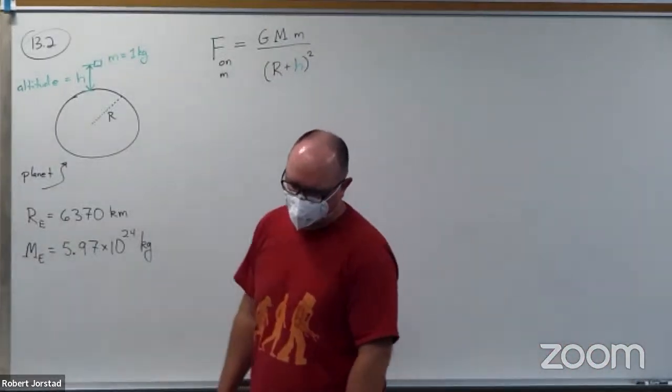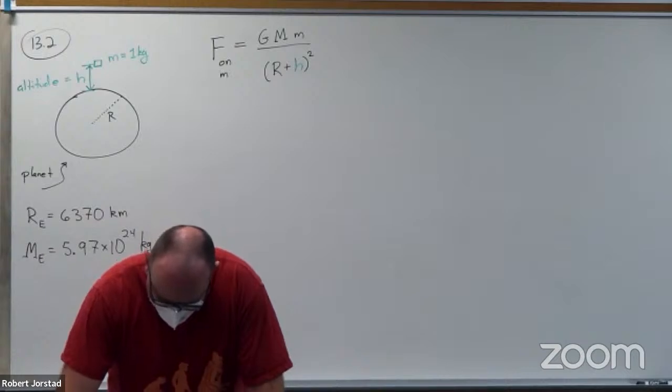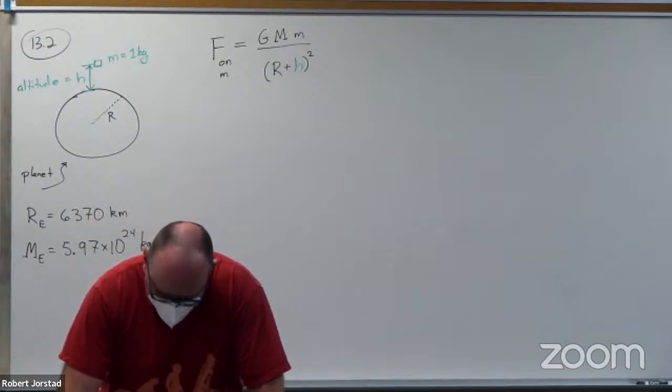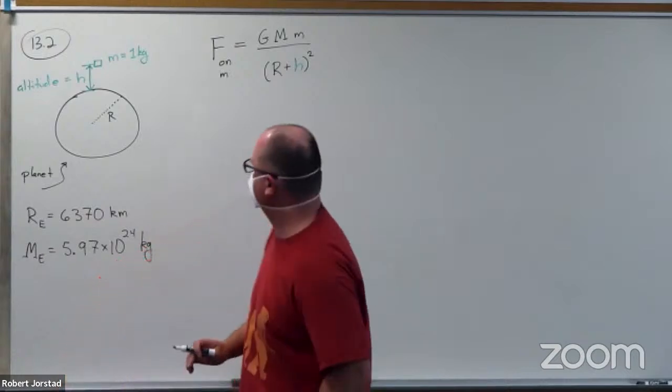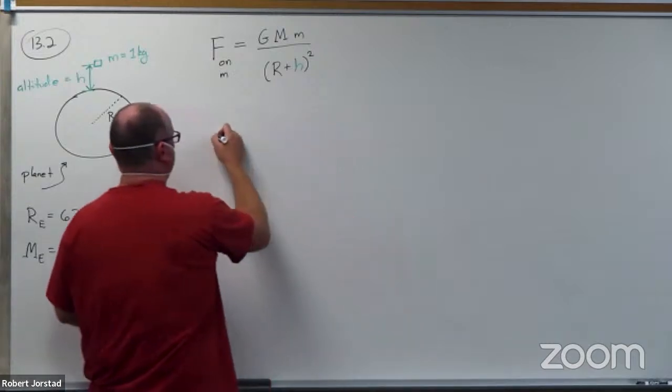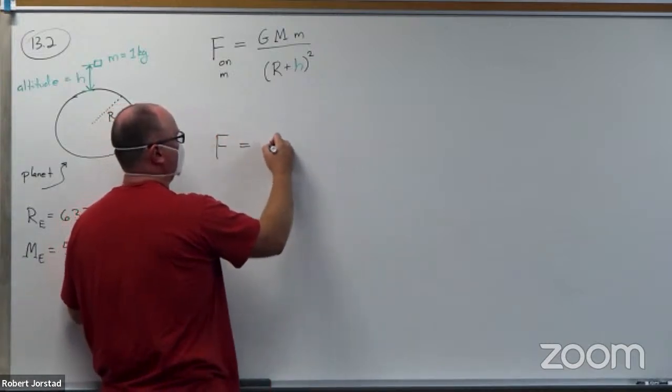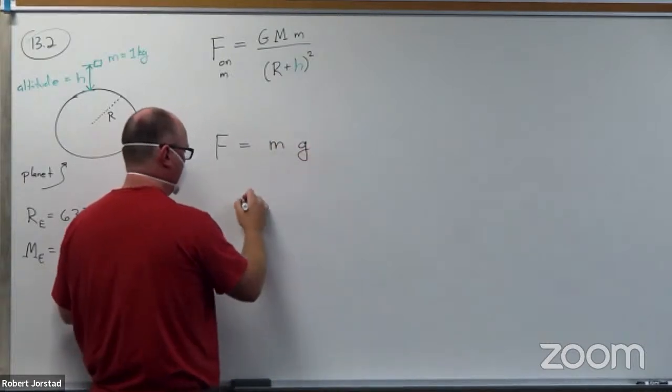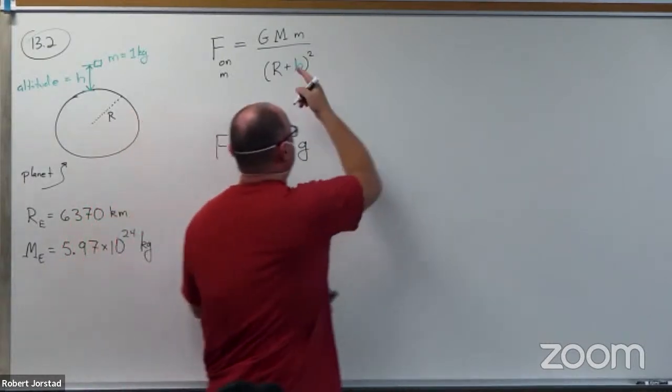All right, let me see where I want to go with this one. Notice we could actually write this as force equals mg if g is equal to everything except for m.